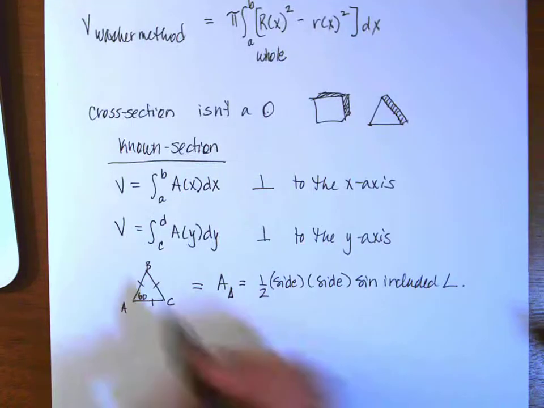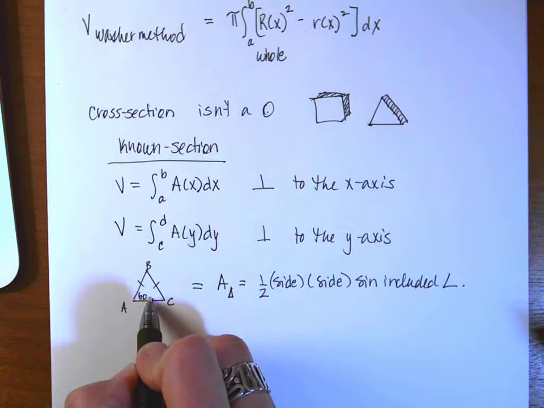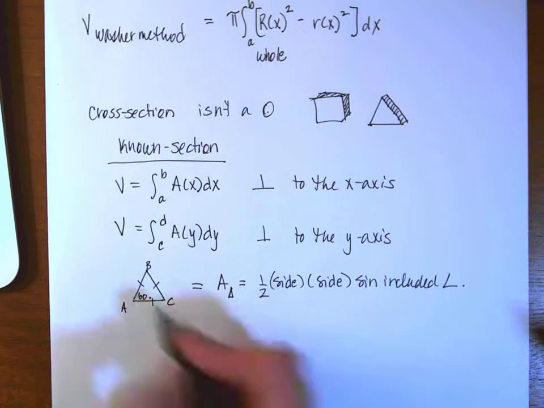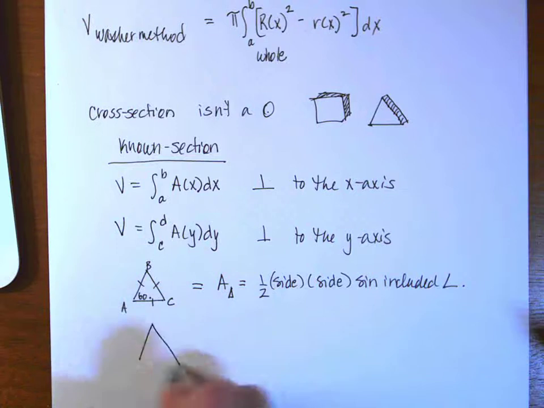And if you remember this formula, it saves you a ton of work trying to figure out what the height of the triangle is, and it cuts down the amount of trig you have to use.